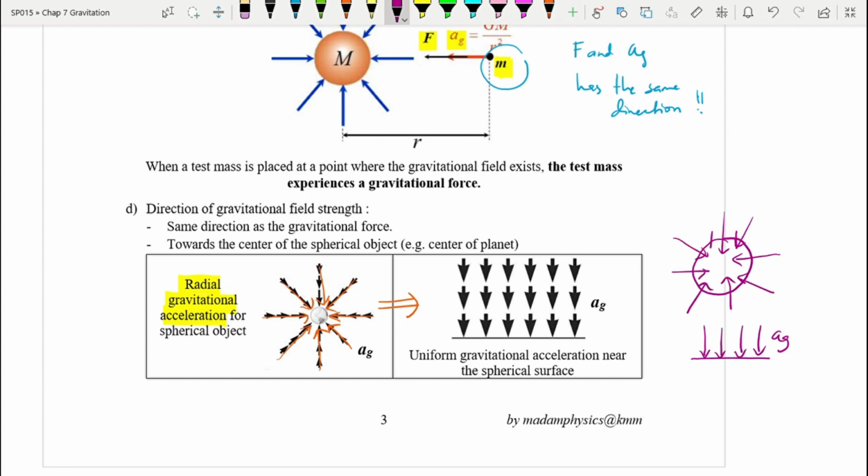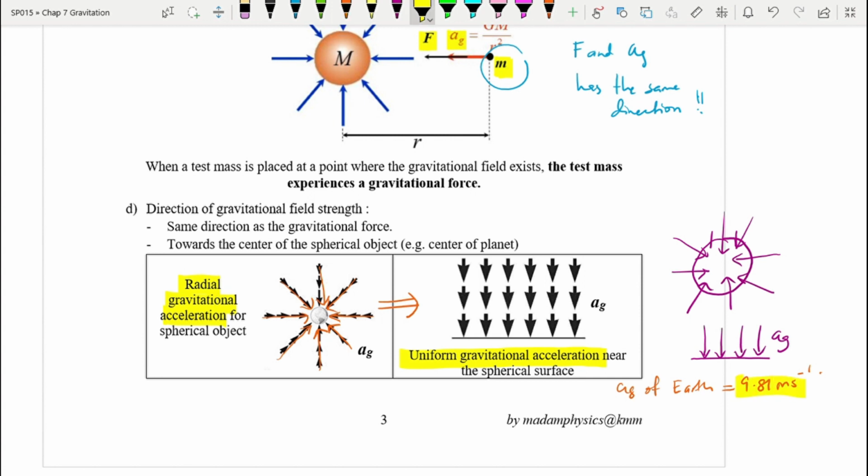Tapi katakanlah kita zoom in, dia akan jadi parallel. Okay, so kita akan consider this is uniform gravitational acceleration dan nilai dia untuk AG of Earth adalah 9.81, yang awak selalu gunakan simbol g itu. Okay, so that's why near the surface of the Earth dia akan uniform dan dia hanya ada satu value sahaja.